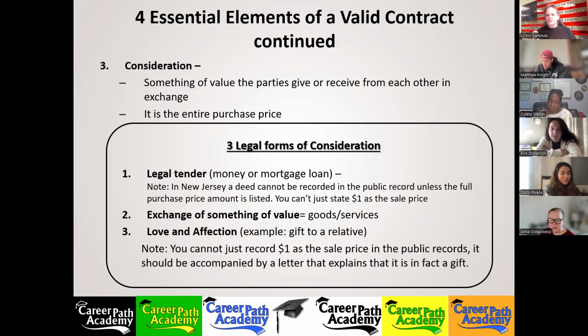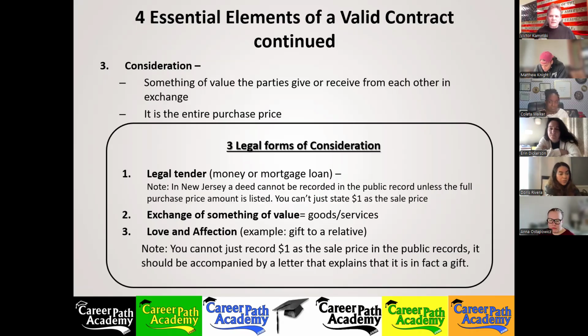Well, that's because when that happens, there's usually not a transfer of sale, just a correction maybe of the spelling of somebody's name or something along that nature. Maybe they did a refinancing, so there was no purchase, there was no sale. So they could put down $1 as the price that's listed in the tax record. Otherwise, anytime when there's an actual sale, the full actual sale price needs to be listed.